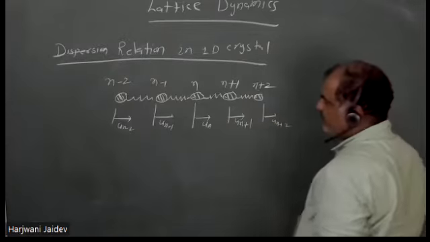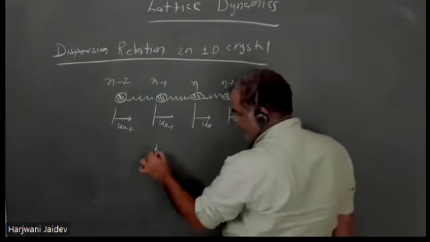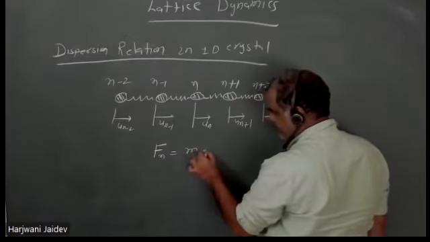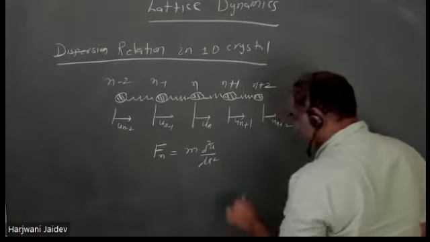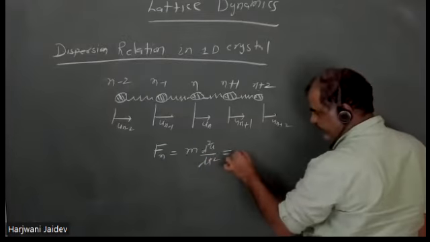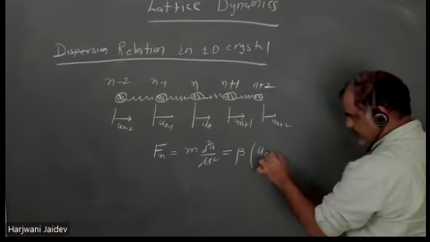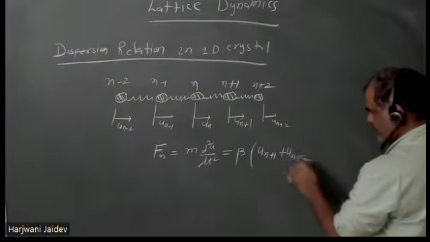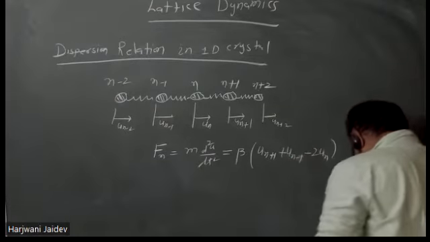We calculated the force on this nth atom, and the expression was F equals m d2u upon dt square equals beta times un plus 1 plus un minus 1 minus 2 un. Is that okay here?